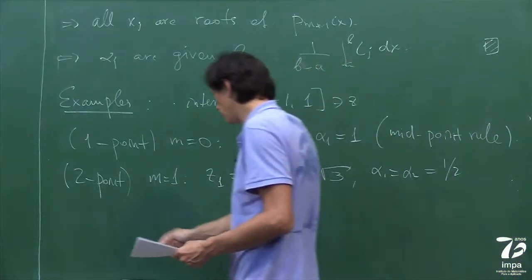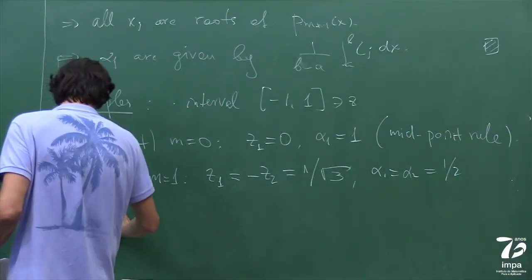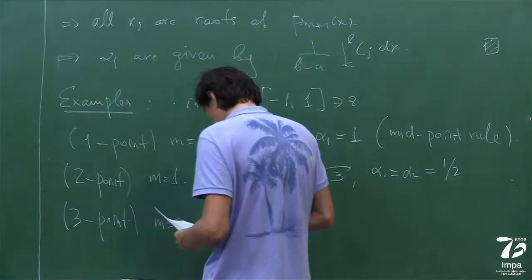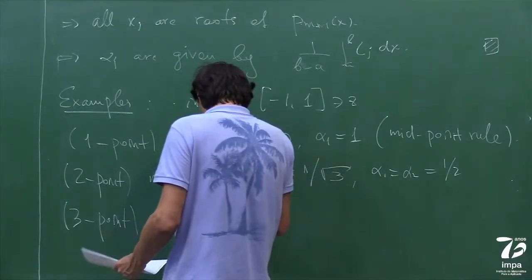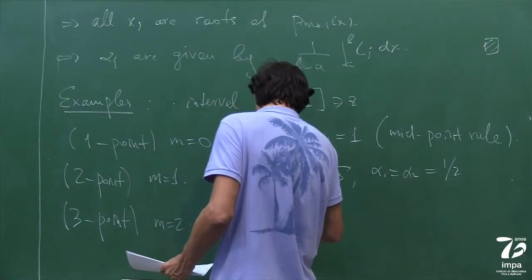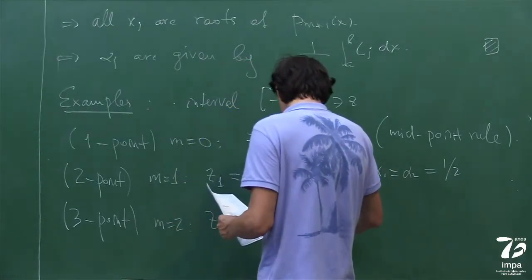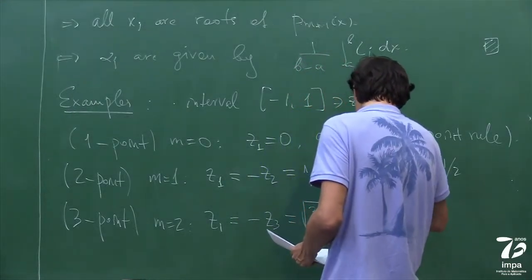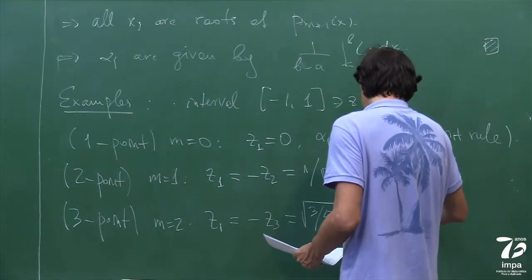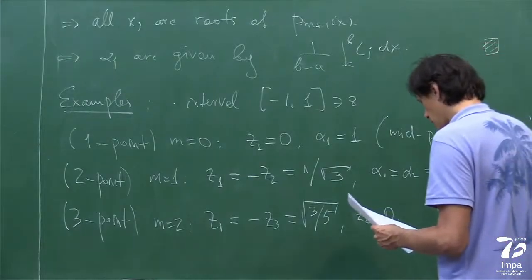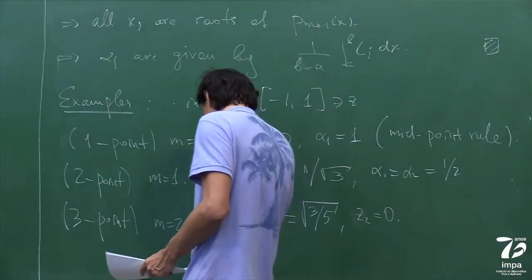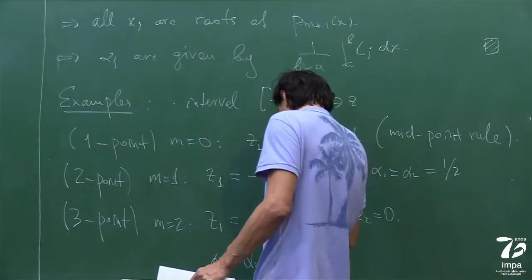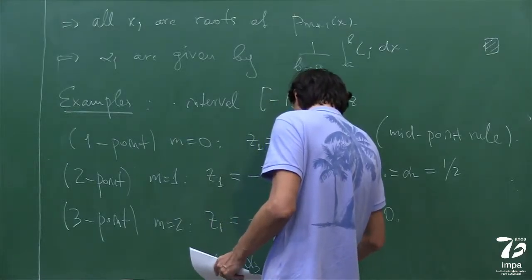And then let's give you one more version. M equal 2. Again, it should be symmetric, so there will be 2 points symmetrically, which will be placed at square root of 3 divided by 5, and the middle point will be at 0 by symmetry. And then the coefficients, again symmetrically, first and third should be equal. And this is 5 divided by 18.